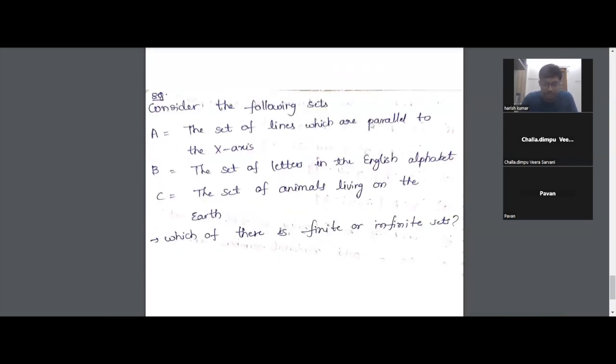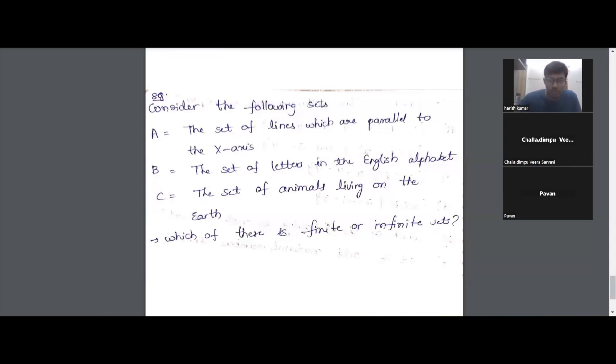Okay, eighth question. What's the answer? A infinite set, sir. B finite set, sir. C infinite set.